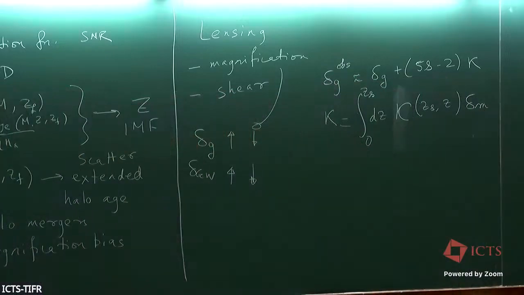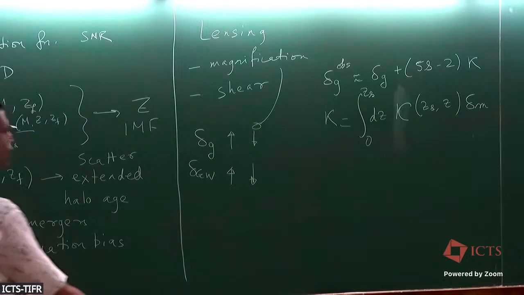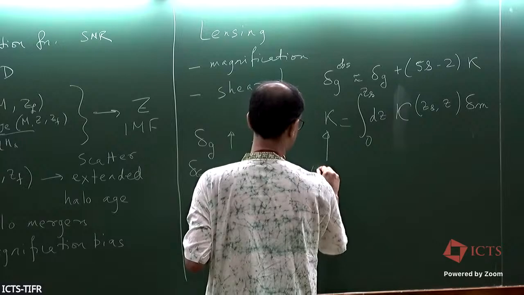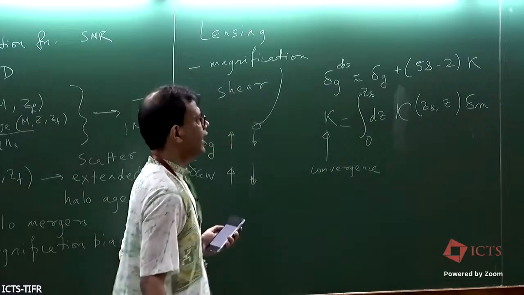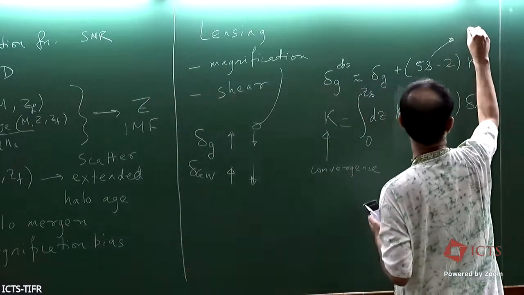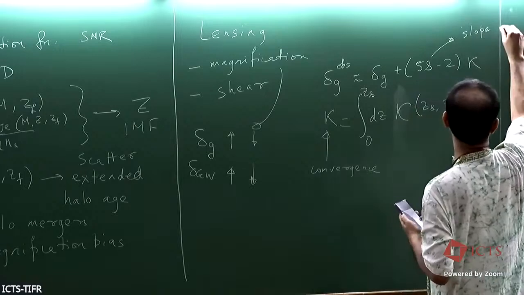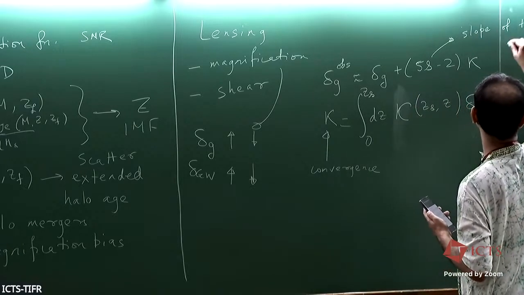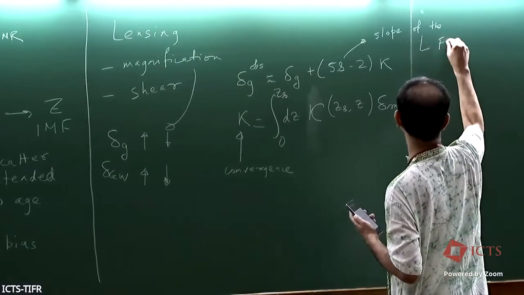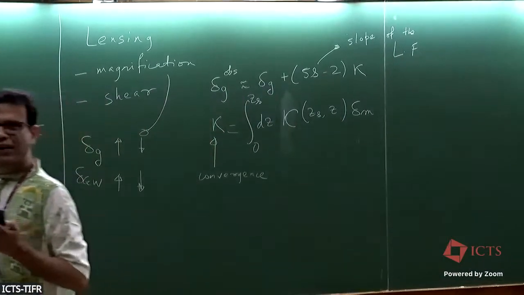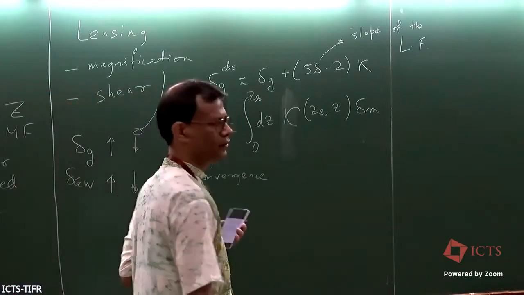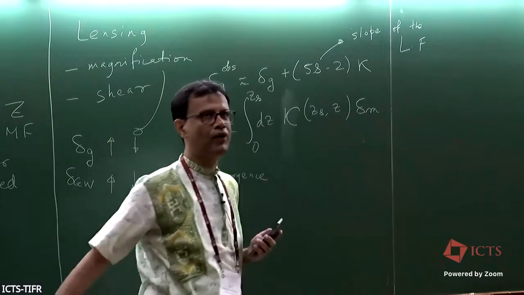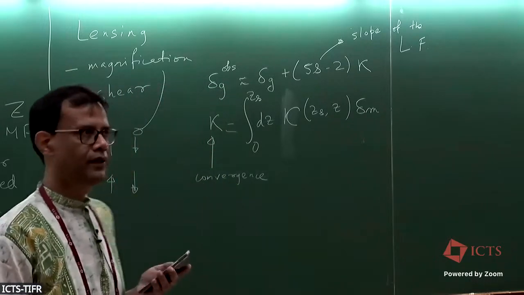This is what is known as lensing convergence. And s is the slope of the luminosity function: the number of sources at your detection limit, and the value of the derivative of that quantity.